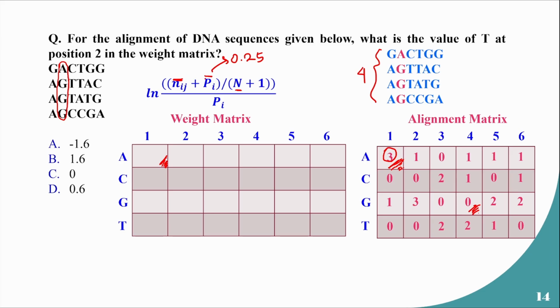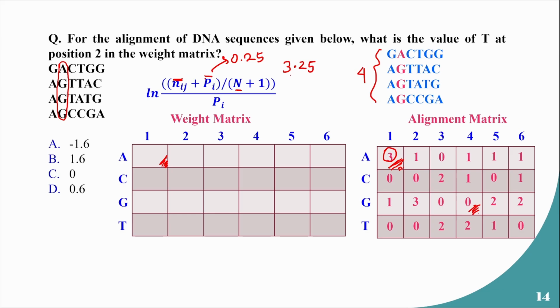So if you try to calculate, for example, the first grid, what will the inside value be? Since Nij was 3 plus Pi, which for alanine in this case we got 0.25, that will basically mean 3.25, right?